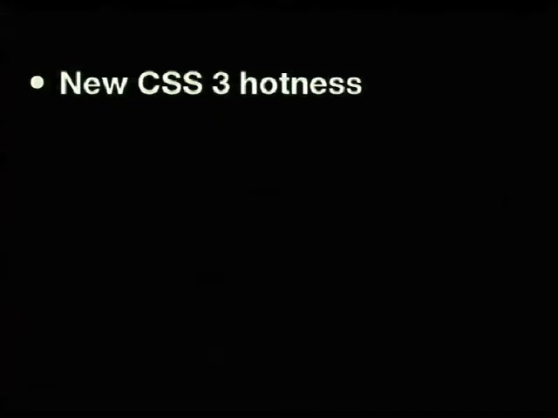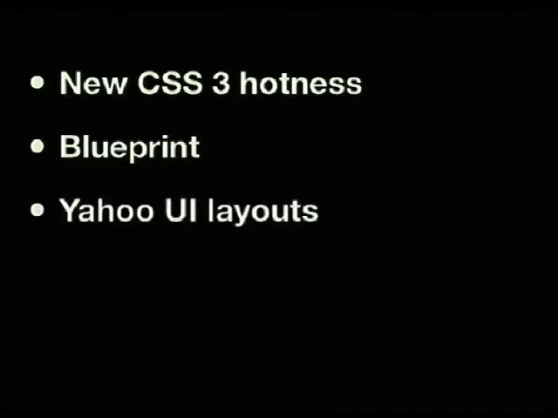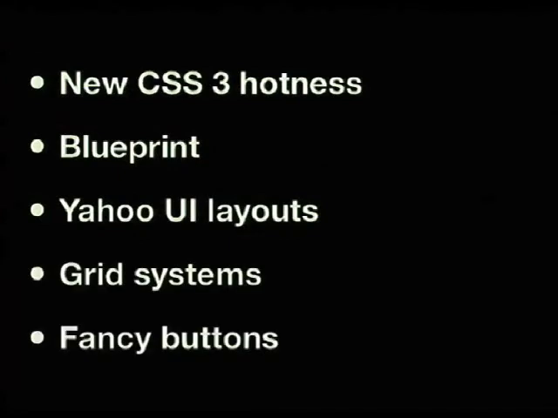So Compass has a mixin just for that, where you just say rounded corners, 6 pixels, and it does everything else for you. It's got a lot of great built-in mixins for layouts and grids like Blueprint and Yahoo UI and other grid systems like 960, fancy buttons, etc. Really, to me, this is sort of a great unexplored territory. People have made a lot of really cool mixins. You can make your own and share them and so on.